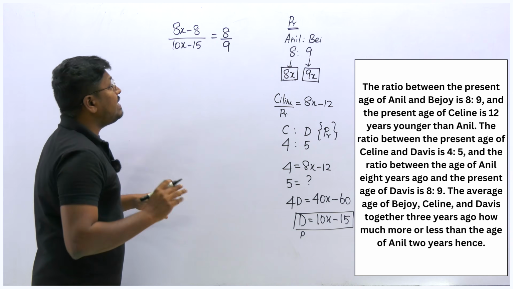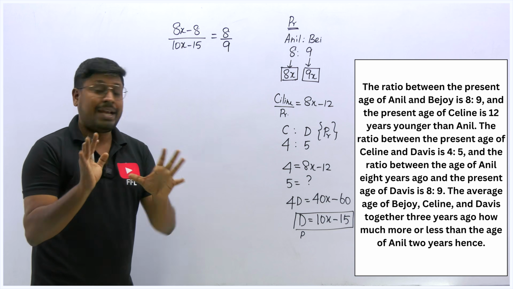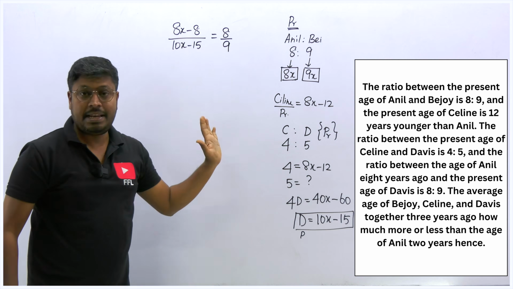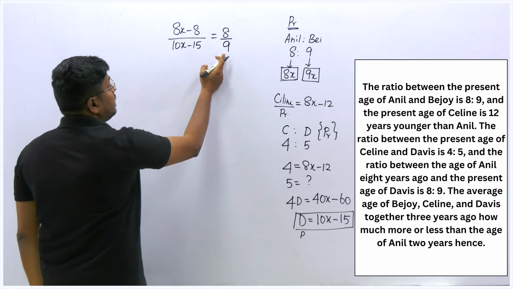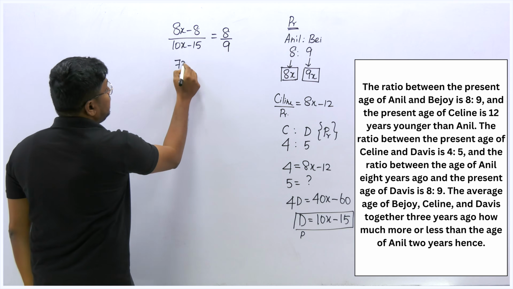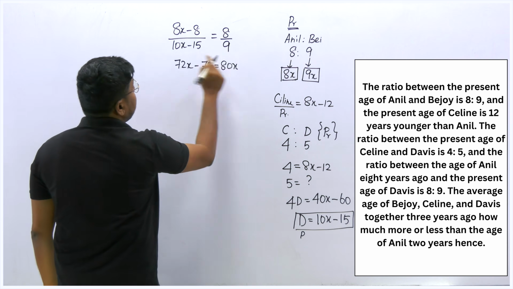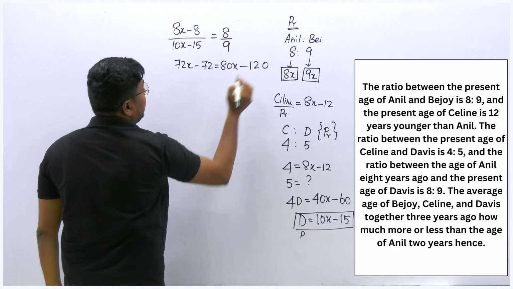So now it is easy. Once they have given this equation, it is easy to find the value of x. Once you find x, we can find all the remaining persons' ages. First let me target and find the value of x here. 72x minus 72 is equal to 80x minus 120.